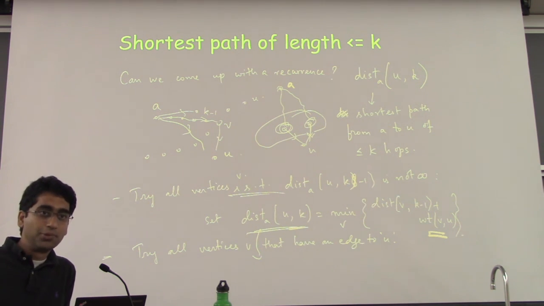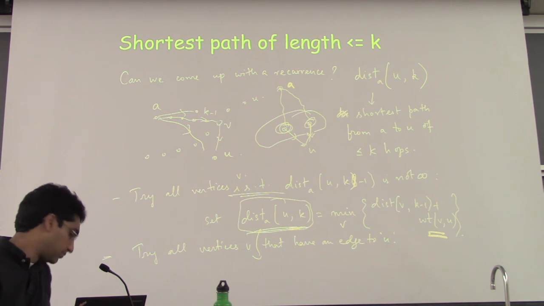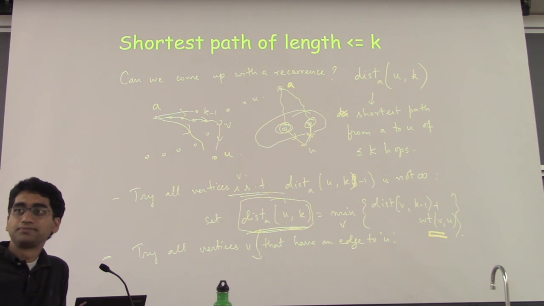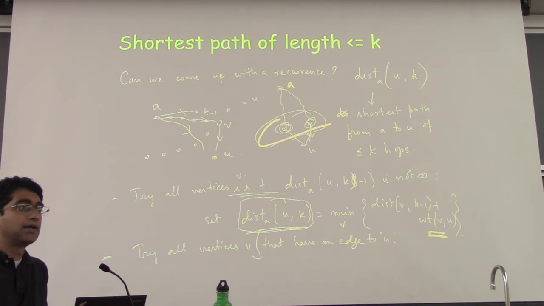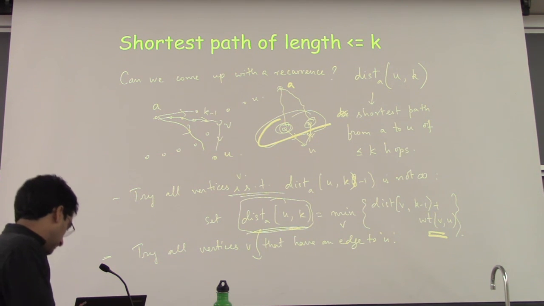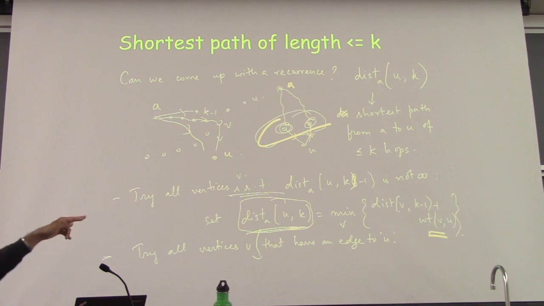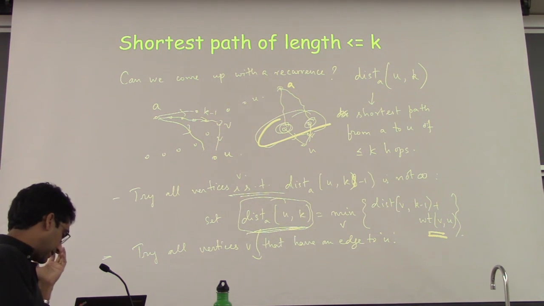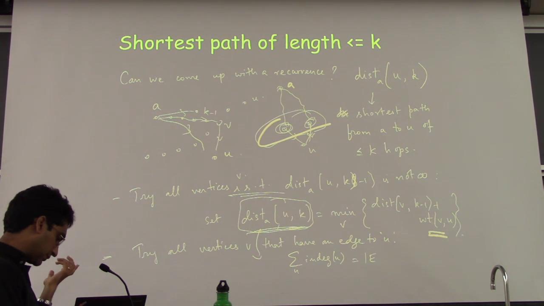So suppose they were all computed, then how long does it take to compute this quantity? It's just the number of vertices that you check, right? Which is the in degree of U. So, having computed these values for all k minus 1, the amount of time it takes to do this for every u is the sum over u of in degree of u, which is basically the number of edges.